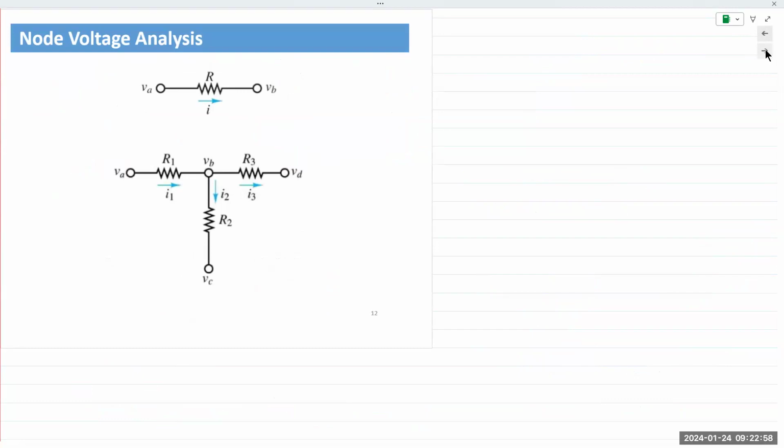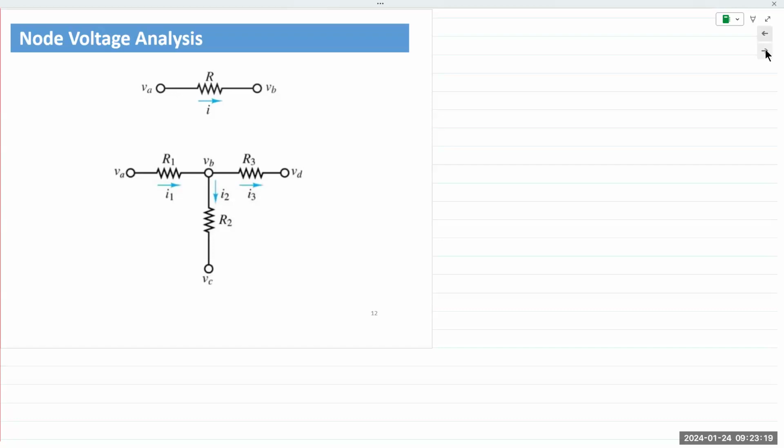The equations would have variables, the node voltages, and then we would solve these simultaneous equations to obtain values for those node voltages. Once we have those values, we can find any other voltage or current in the entire circuit. And that is the analysis technique.